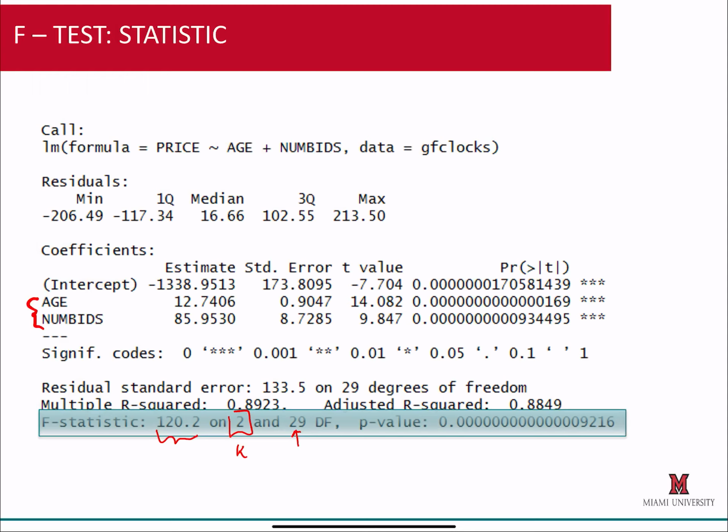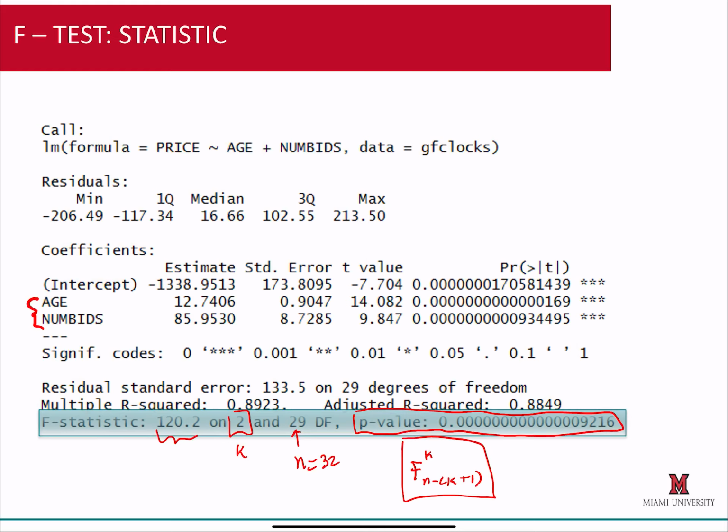So in other words, n minus 3. Just to be clear, n is going to be 32 in this case. In order for us to get a p-value for that, we would have to compare it to F with k and n minus k plus 1 degrees of freedom. If we know that, then we can get that probability from any statistical software.